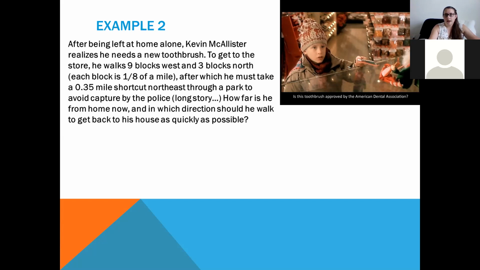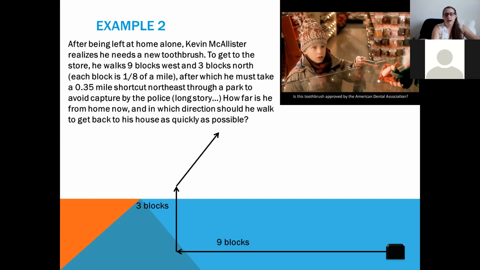So this little black thing is his house. Okay. So Kevin walks 9 blocks west and then 3 blocks north to the store. And then he walks 0.35 miles northeast through the park.